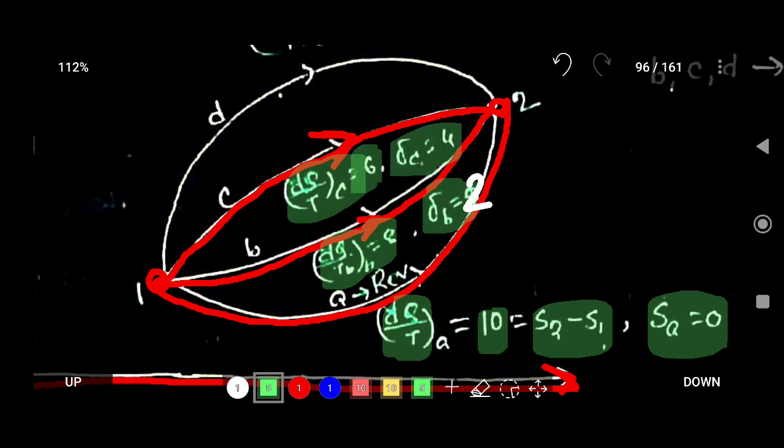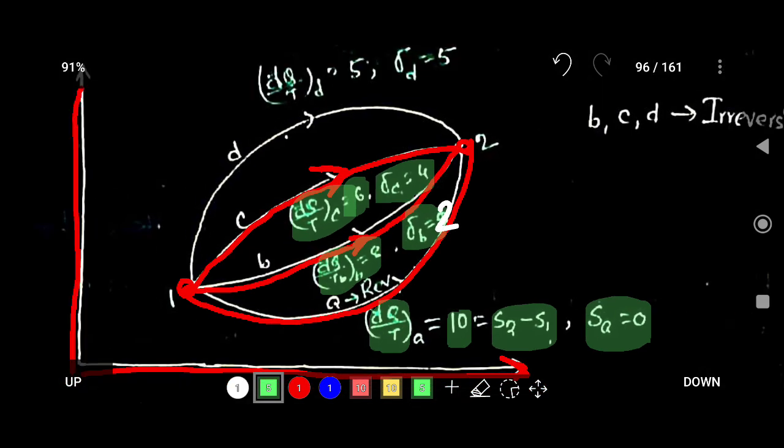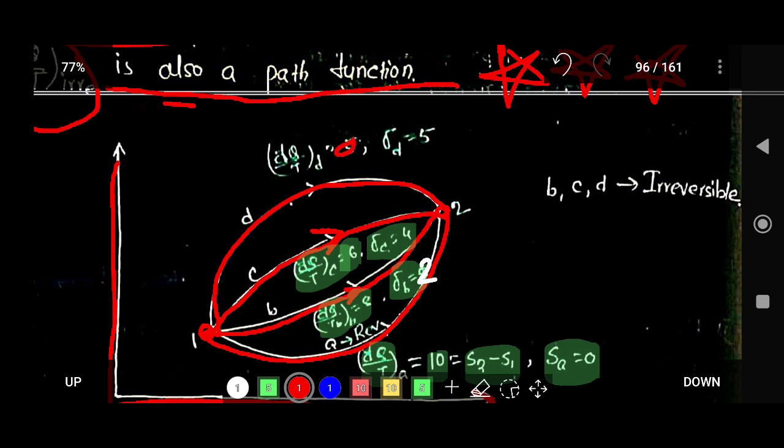Okay, so as the irreversibility increases, the entropy generation also increases, we see this. And there is another irreversible process, which is more irreversible than process C. Here the entropy generation is 5.